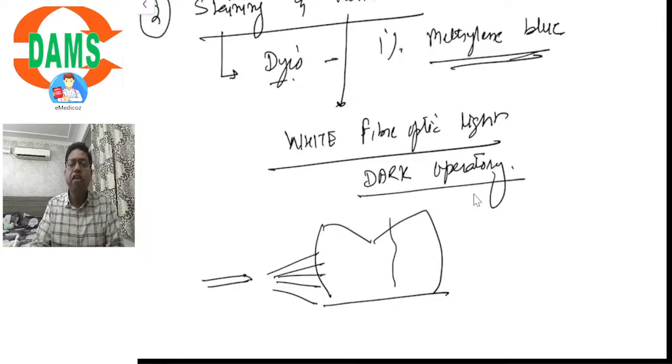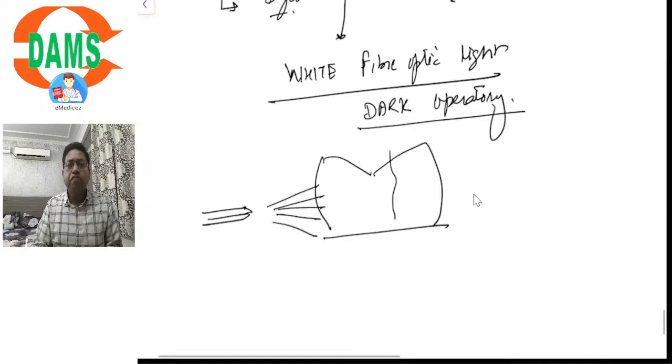Means we switch off all lights in the operatory, including the dental chair light. It's like a dark room used for developing the x-rays. The only light present is the light that is illuminating the tooth structure. So the part of the tooth structure that is close to the light source would appear light or illuminated.